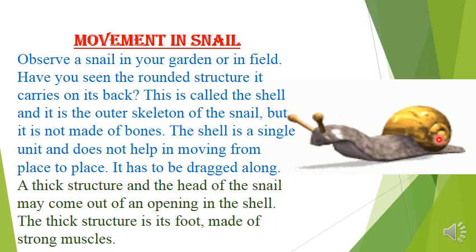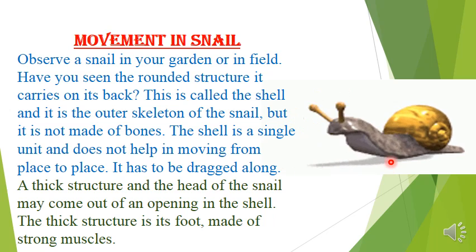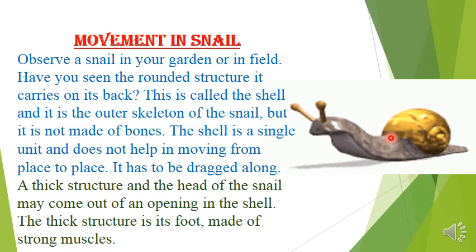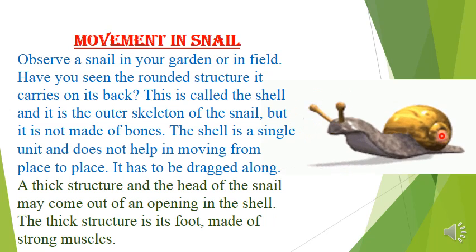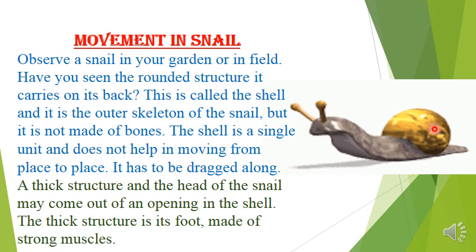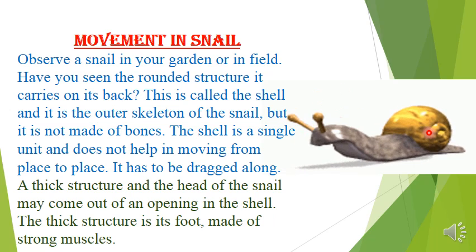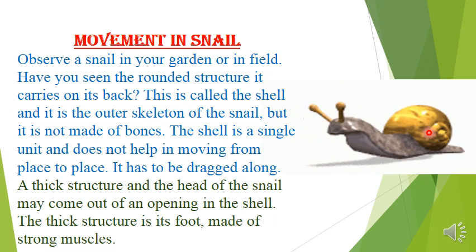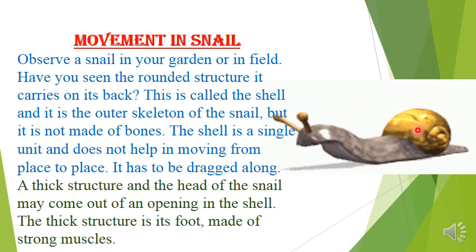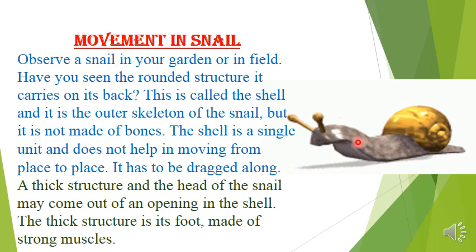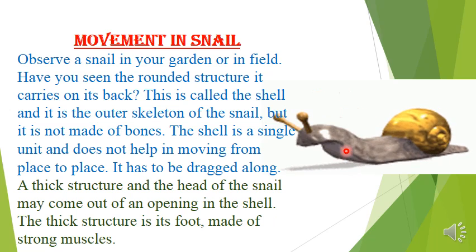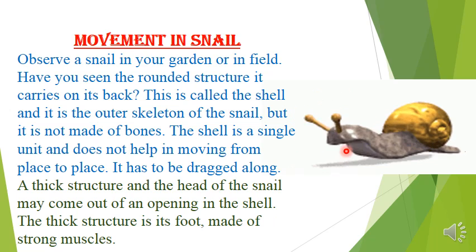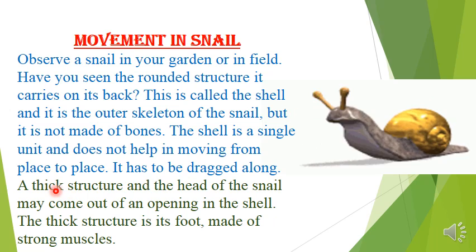We all have an internal skeleton, whereas the snail has an external skeleton. It is very hard, made up of calcium, but it is not made up of bones. It doesn't show any movement, so the snail has to carry it on its body while moving. It has to drag it because it doesn't show any movement.